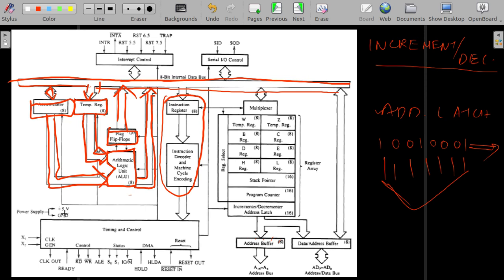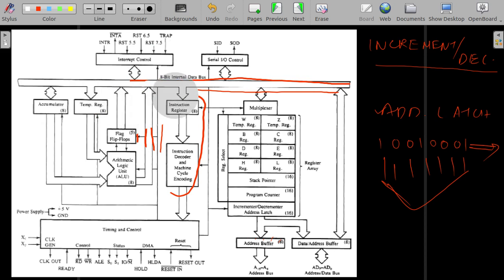As far as the drawing of this is concerned, it's better if you have a strategy. This may be asked in the exam; there is a chance. It has been asked in the previous exams. So just have a strategy regarding how you draw.